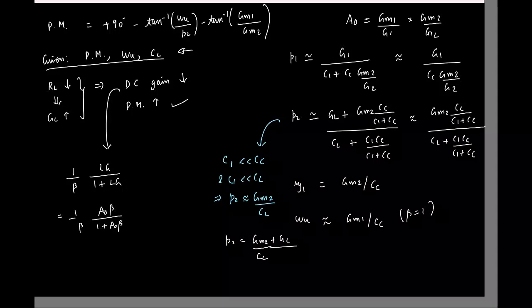Okay. So you want this to be as large as possible so that the closed loop gain is tracking 1 by beta. So basically the DC gain determines the DC accuracy. So you want to restore the DC gain. So what can you do?